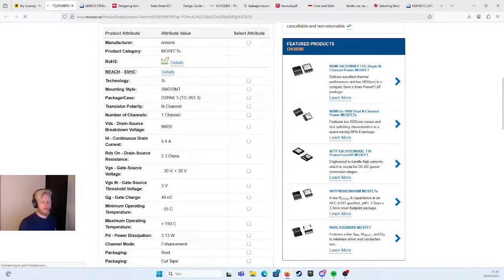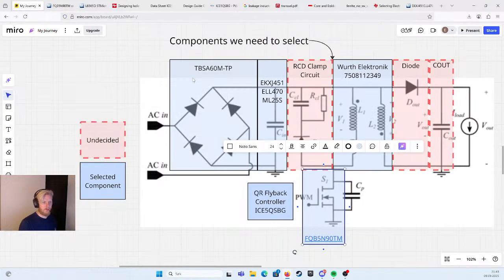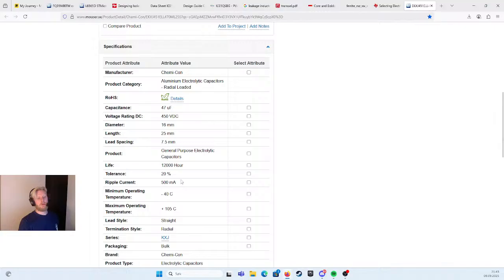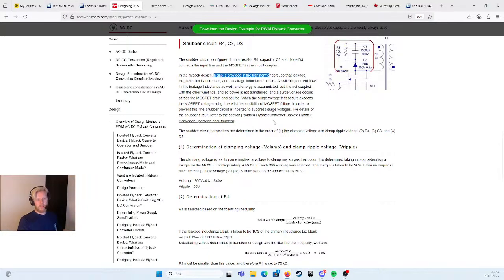And 900, because we had to take into account 875 volts, I think. We just assumed a 400 volt peak. So we selected 900, but yeah, we can always go down on that later on.